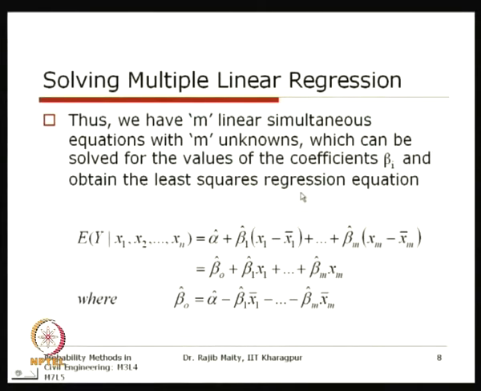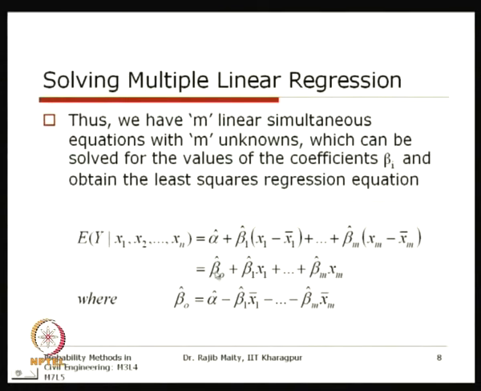Once we get those estimates, the linear regression expression that we get is alpha cap plus beta 1 cap into (x 1 minus x 1 bar) plus up to beta m hat, the estimate of beta m, into (x m minus x m bar).